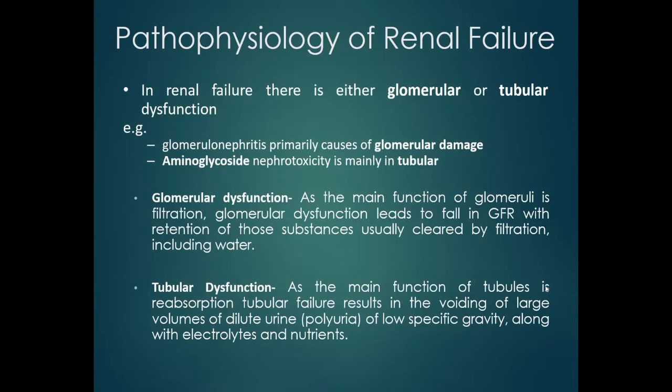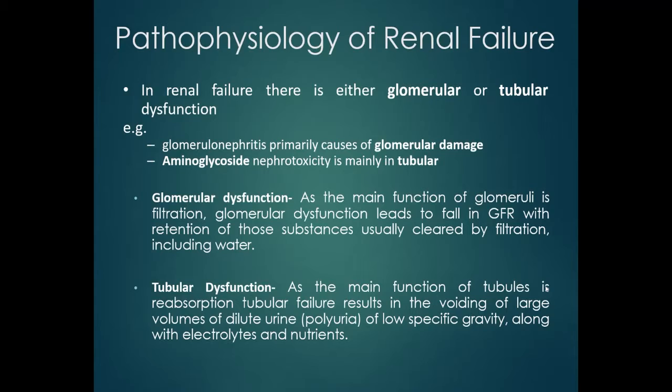In renal failure, there are two types of dysfunction, that is glomerular dysfunction or tubular dysfunction. या तो glomerular filtration के एरिया में उनकी प्रॉब्लम आएगी, या फिर जो टिब्यूल्स होती है हमारी किडनीज की, उनके अंदर कोई ना कोई प्रॉब्लम आएगी.